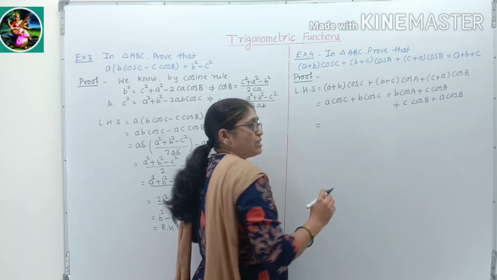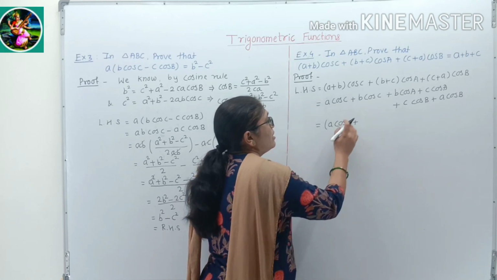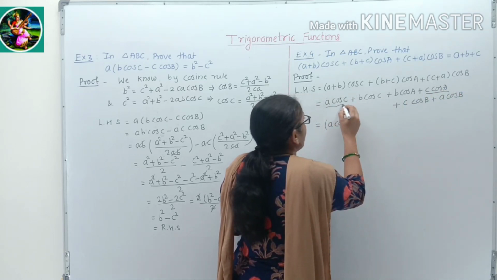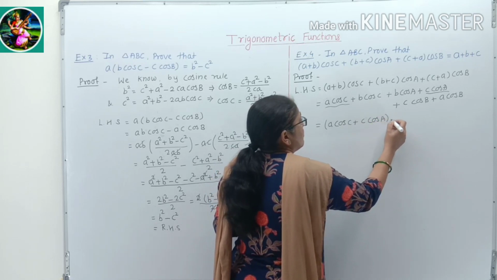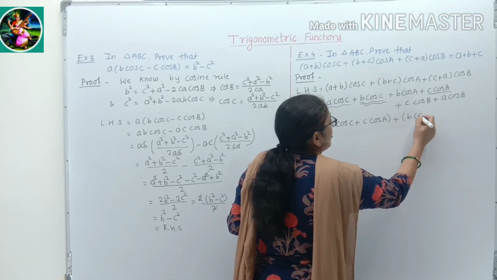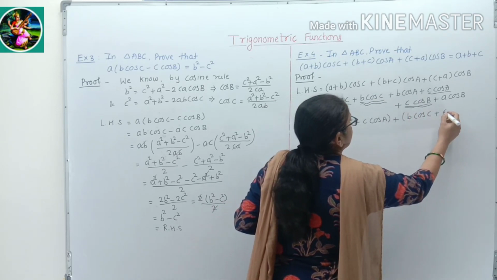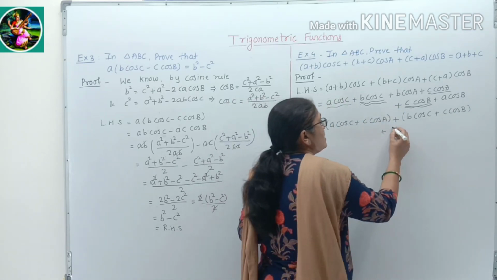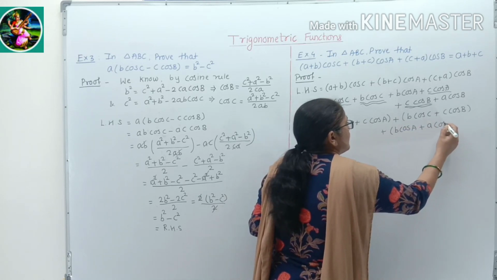By using the projection rule, we take in a bracket a cos c with c cos a, plus in the second bracket we take b cos c, and with this we take the term c cos b, and the remaining terms in the bracket, that is b cos a plus a cos b.